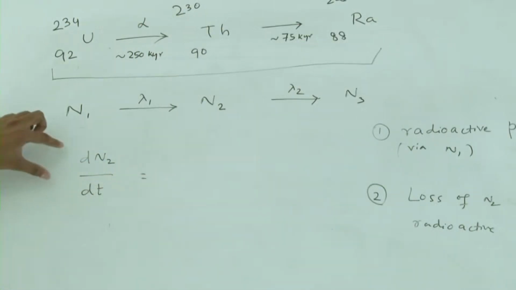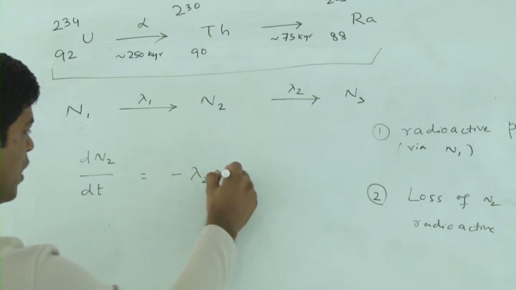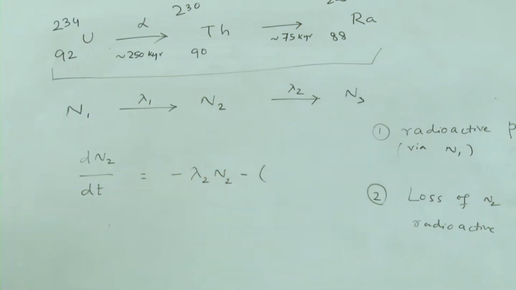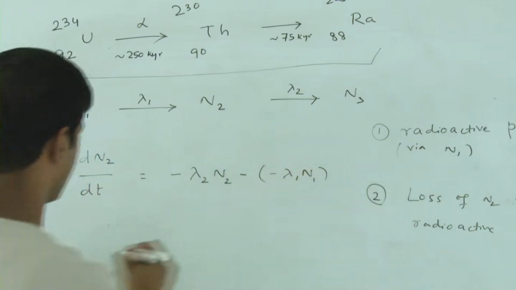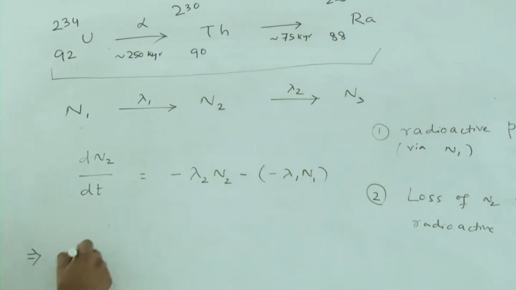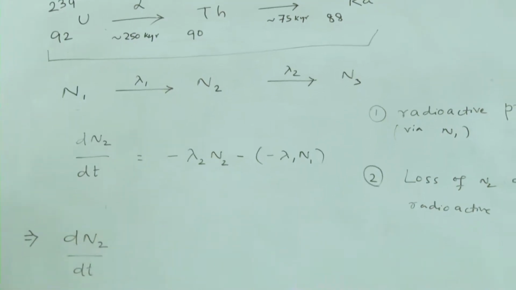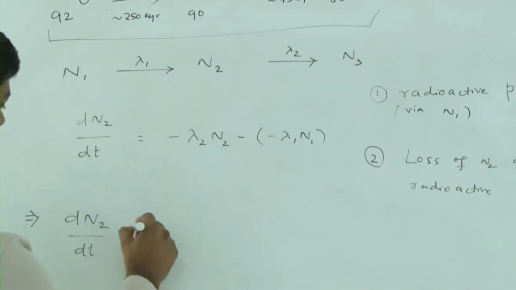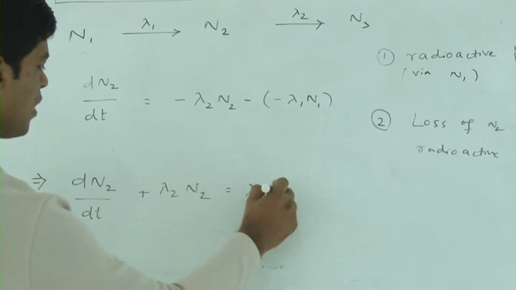So, this rate of change of N2 will be equal to a decay term which should be minus lambda 2 N2 and there is a supply from decay of N1, which should be lambda 1 N1, which means if you simplify this, dN2 by dt plus lambda 2 N2 will be equal to lambda 1 N1.